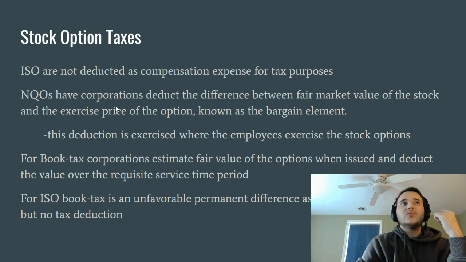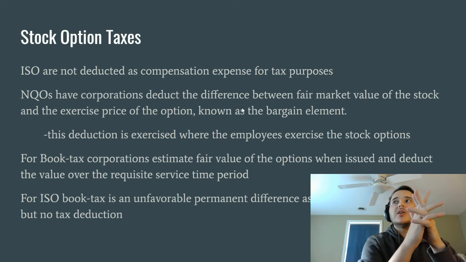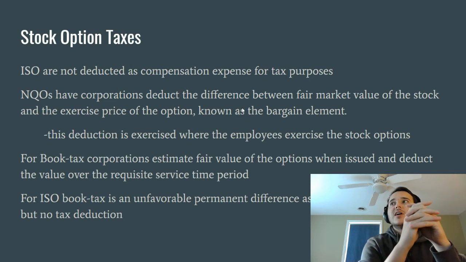As for how these are taxed, there are two main ways stock options are taxed. They can be classified as ISOs or NQOs. ISOs, or incentive stock options, are not deducted as a compensation expense for tax purposes, compared to NQOs, where corporations deduct the difference between the fair market value of the stock and the exercise price of the option, also known as the bargain element.